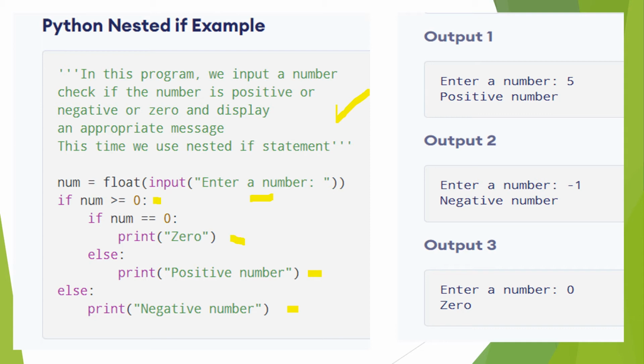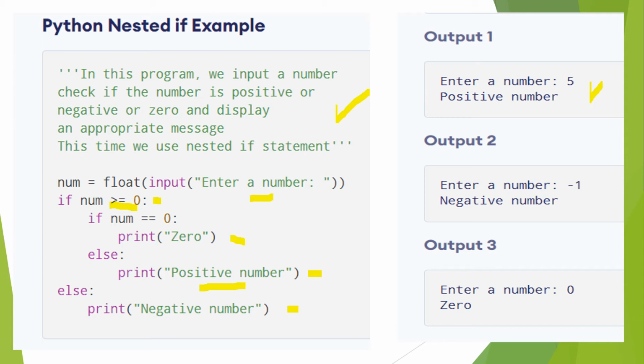To see the difference, look at the sample output here. If the user enters a number 5, the text positive number displays on the screen. Since 5 meets our condition statement here, num greater than or equal to 0.